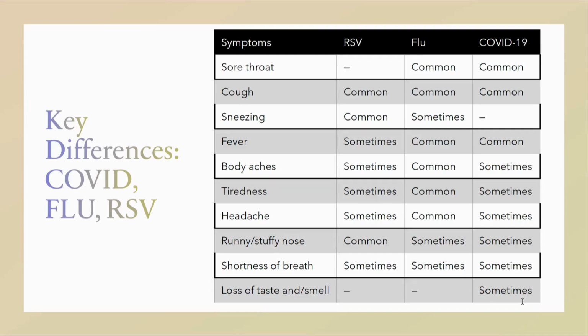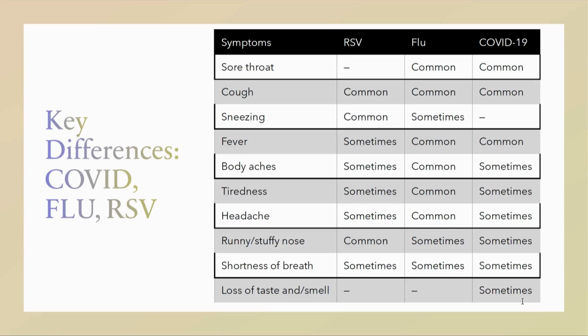Now, with flu, I like to call it influenza A, influenza B, I tend to see a lot of sore throats, coughs, and sometimes sneezing. But one of the very common symptoms for influenza A or B is fever and body aches. Those are still synonymous with the flu: fever and those severe body aches and cramps.